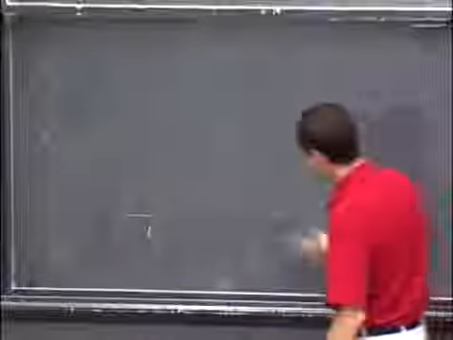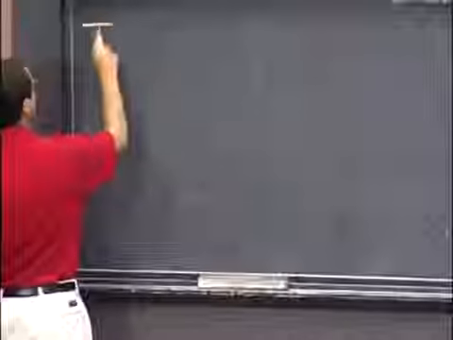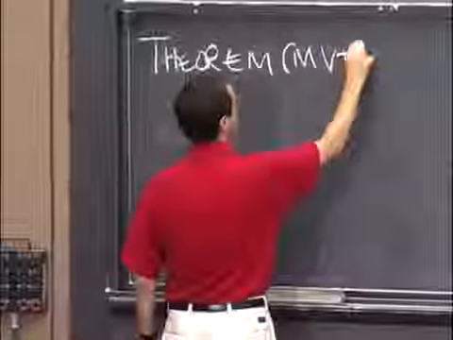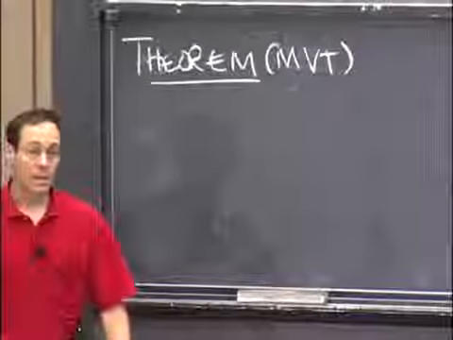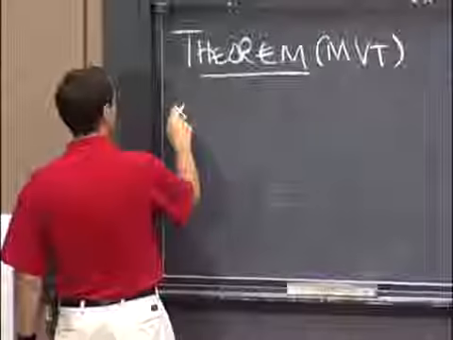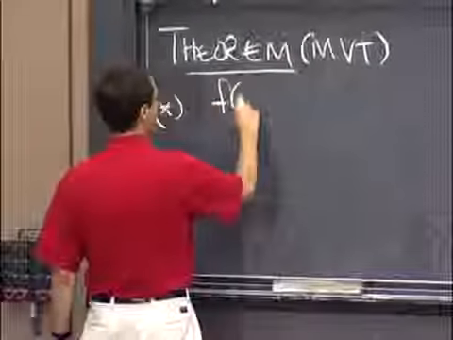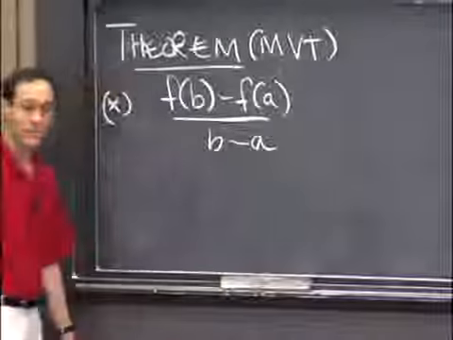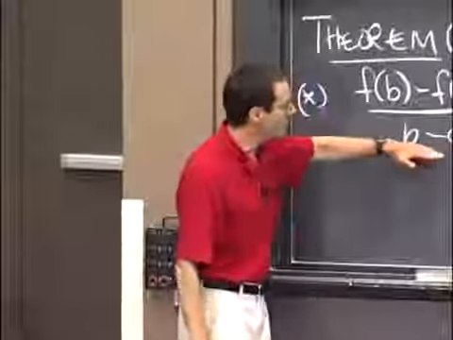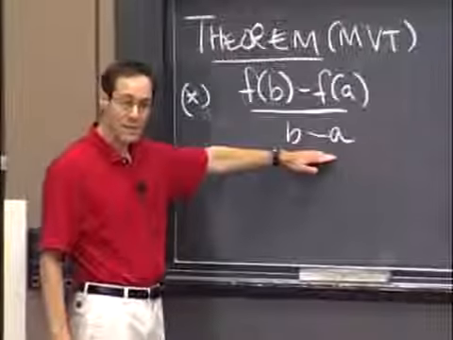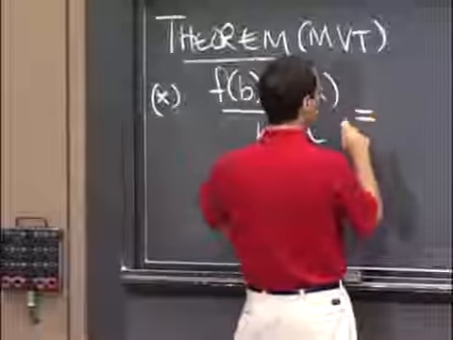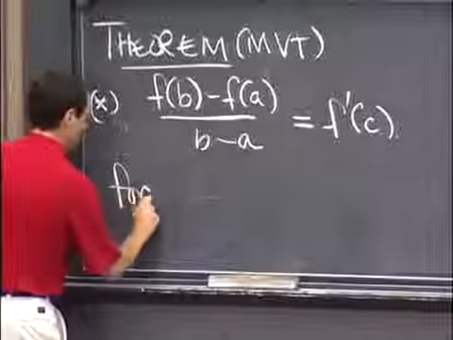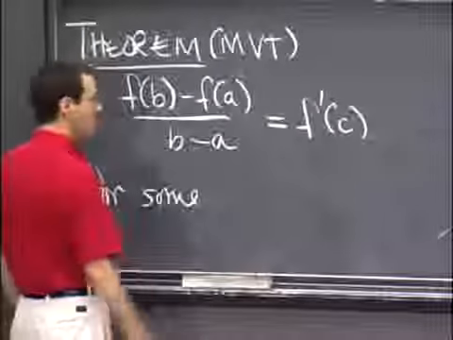So now I'm going to state it in math symbols, the same theorem. And it's a formula. It says that the difference quotient, so this is the distance traveled divided by the time elapsed, that's the average speed, is equal to the infinitesimal speed for some time in between.